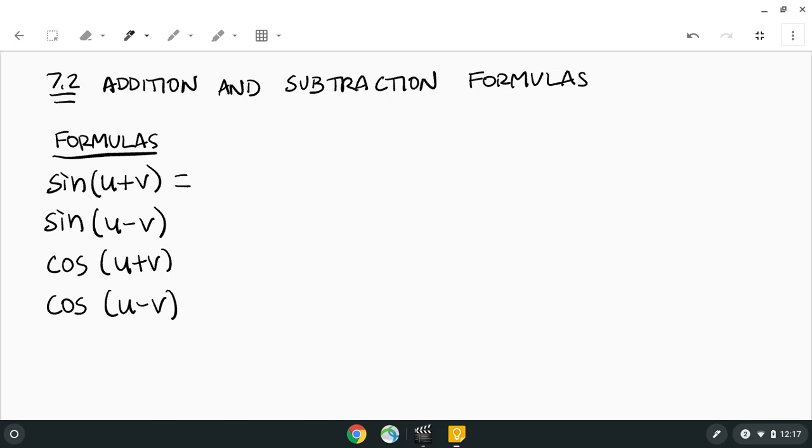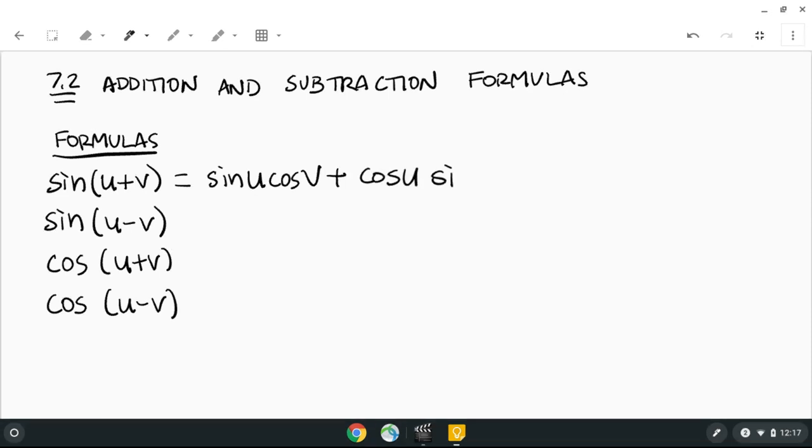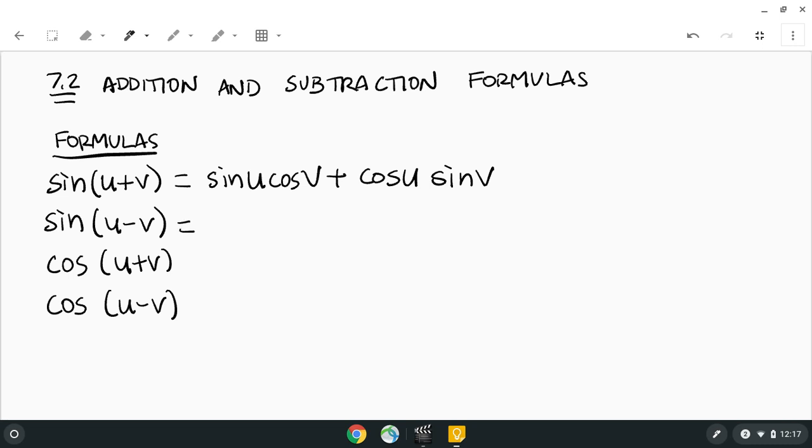So if you have the sine of u plus v, then that's going to be equivalent to the sine of u cosine v plus cosine u sine v. If you're doing the sine of u minus v, then that will be equivalent to sine u cosine v minus cosine u sine v.